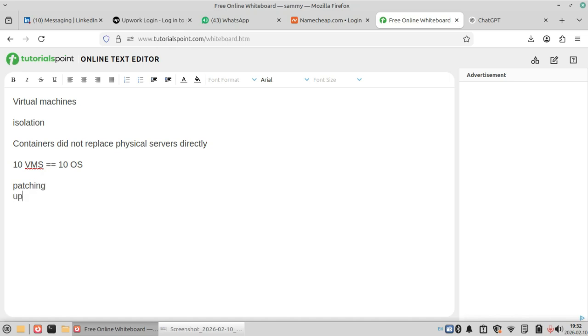Still needs updates, disk space, memory, boot time. And this makes virtual machines very heavy.